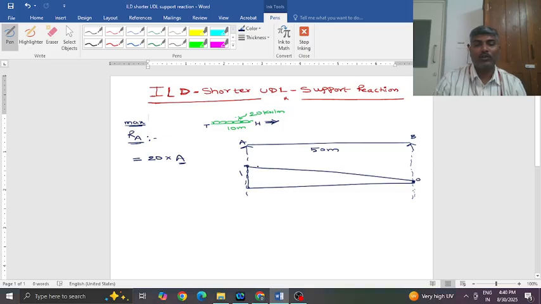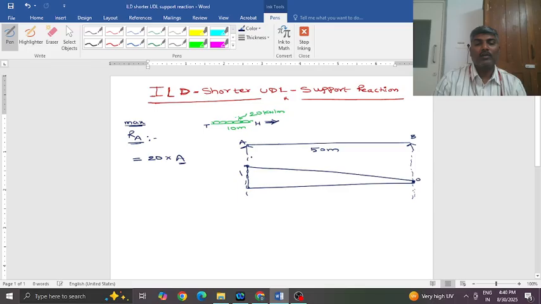So if this occupies 10 meters here, this much area it is going to occupy. As the load moves like this, it comes here and occupies this area.